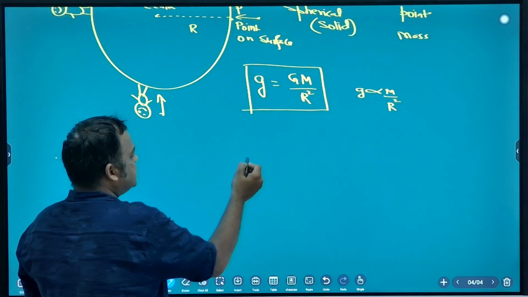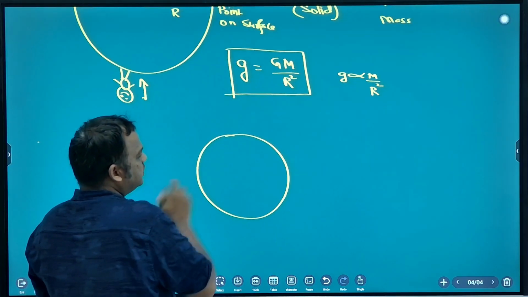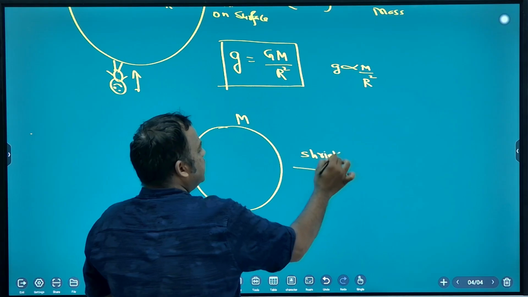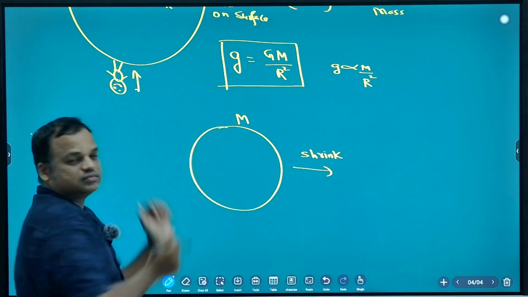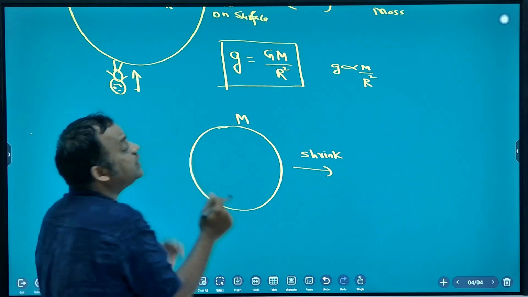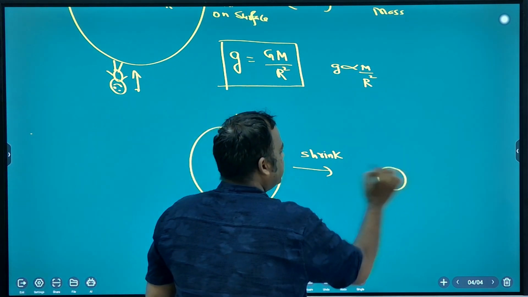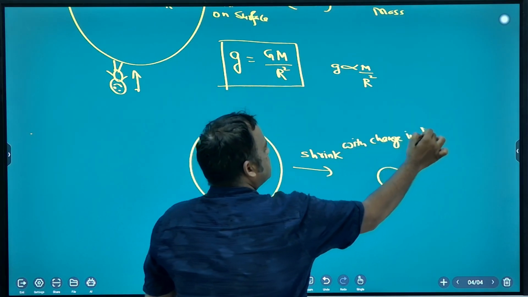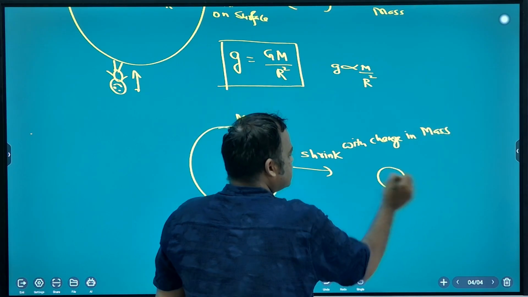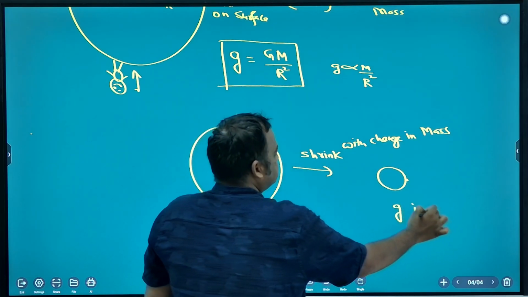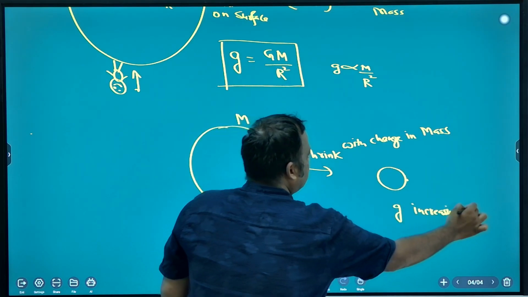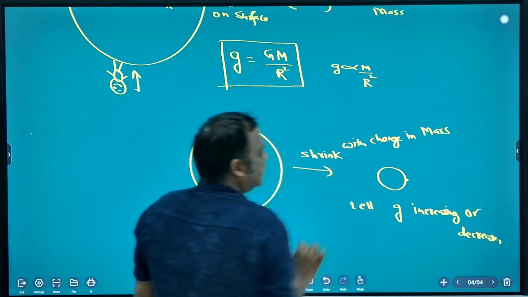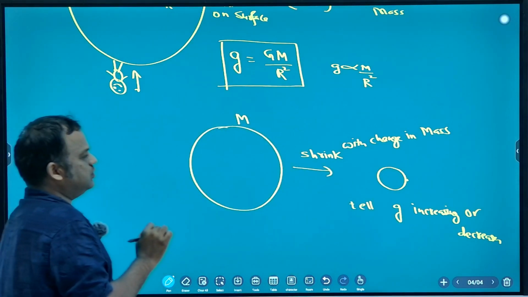So suppose this is the Earth, mass is m. If it shrinks, meaning size decreases, if it shrinks without change in mass, tell me, does gravity increase or decrease?